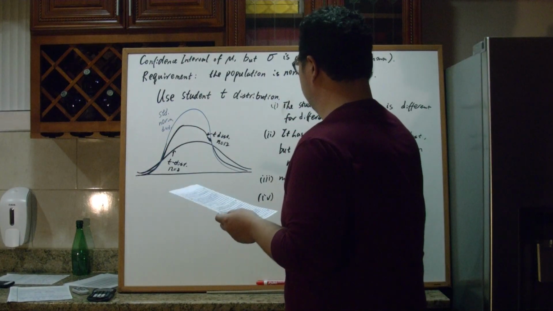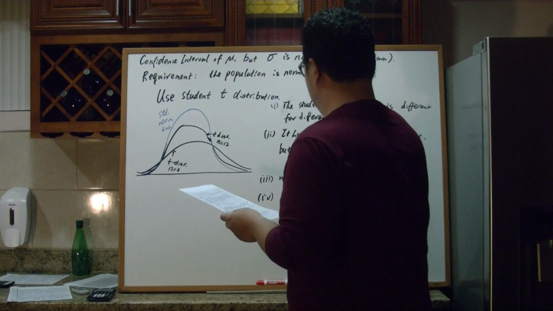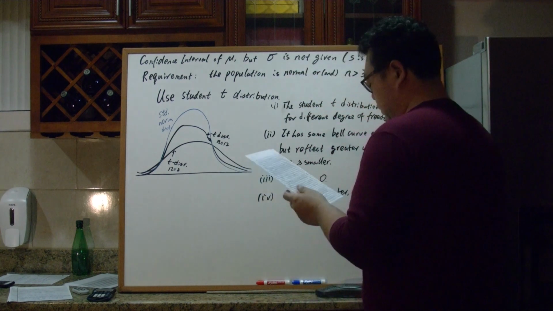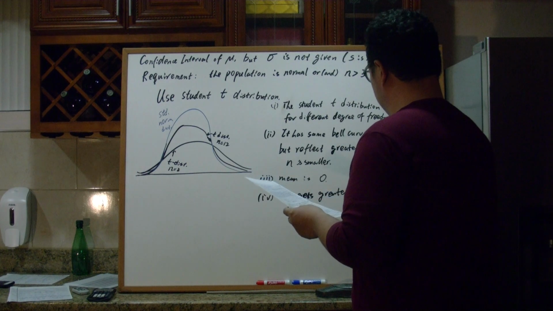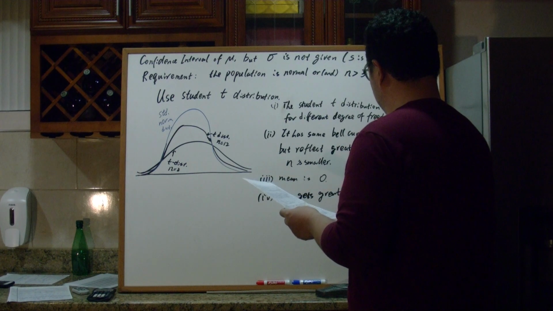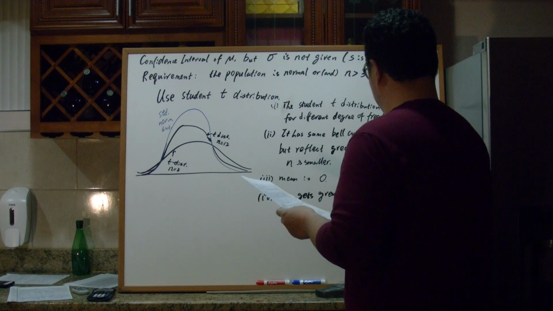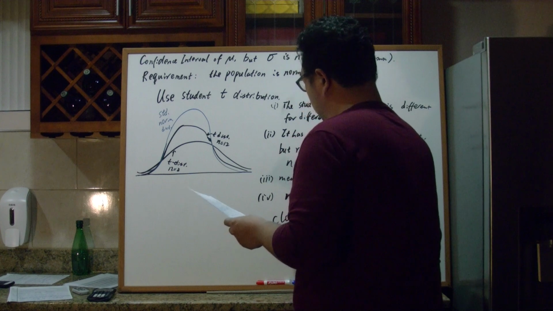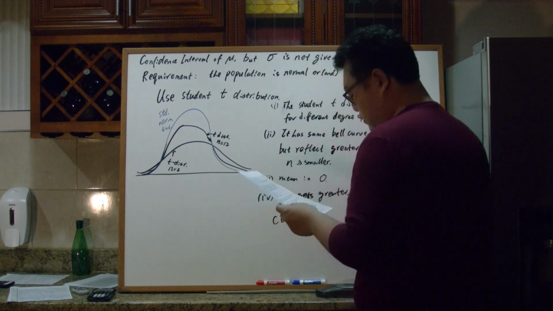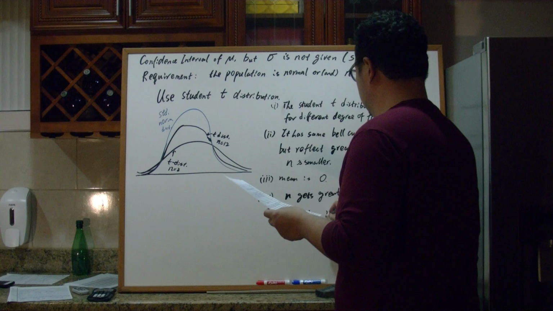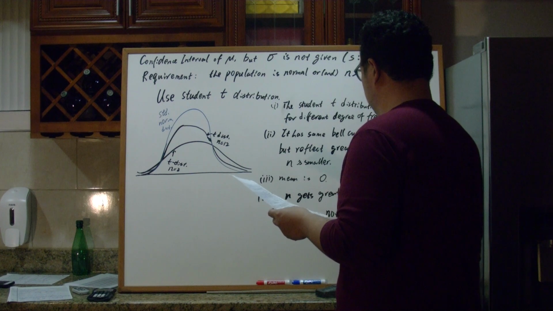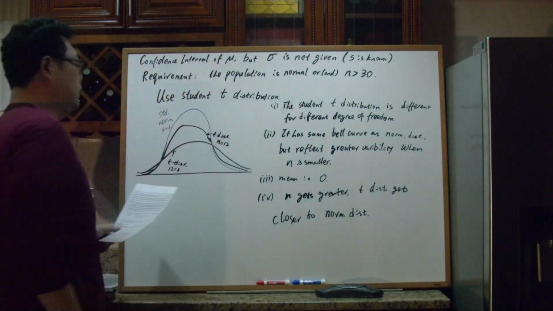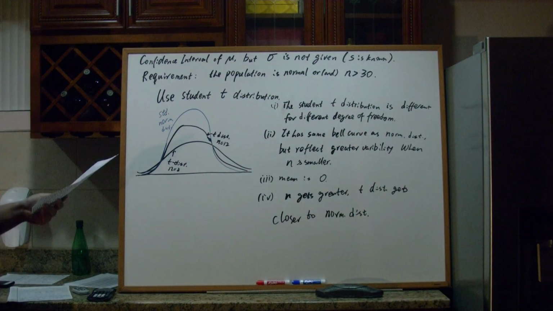Also, when n gets greater, the t-distribution is closer to the standard normal distribution.